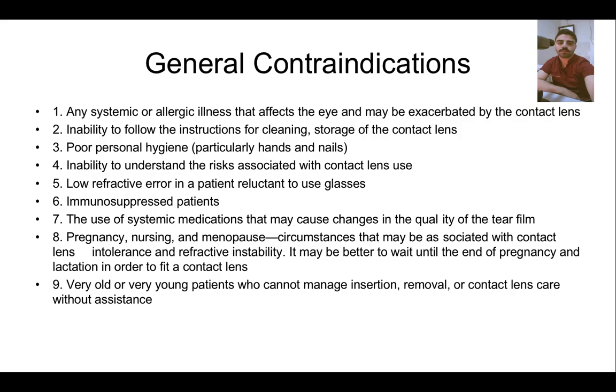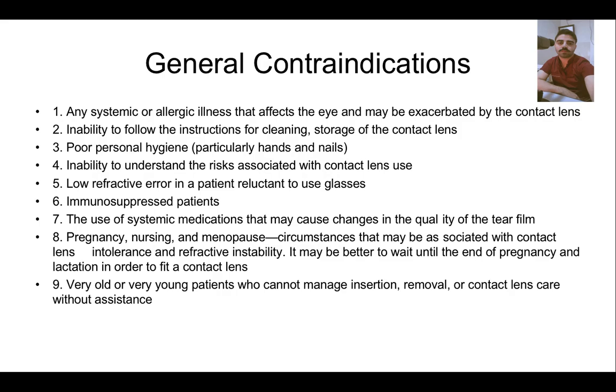The next one is pregnancy, nursing, and menopause. All of these conditions are related to refractive instability. In these conditions, we normally see a change in corneal sensitivity, and these patients are also associated with variation in the refractive error.